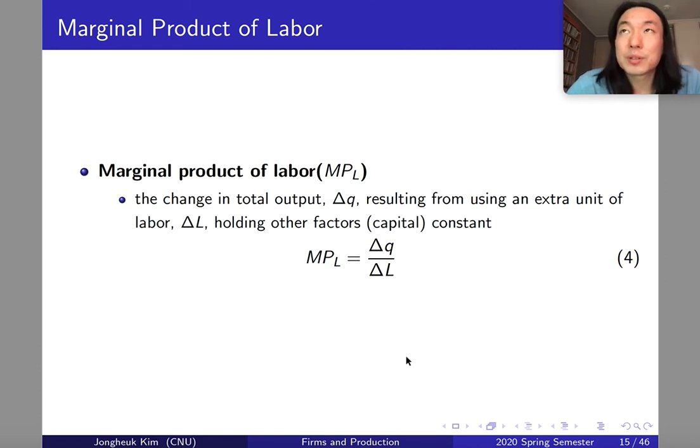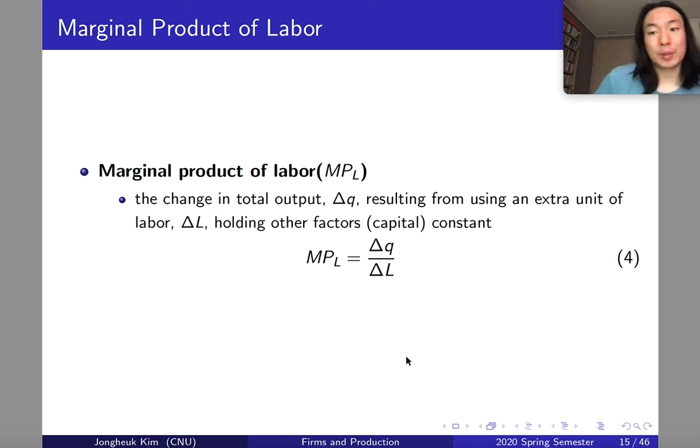The production function will usually be an increasing function, but it might not be a linear increasing function. So there might be a different slope at each point. So the slope at each point of the production function will be defined by the MPL. Okay.